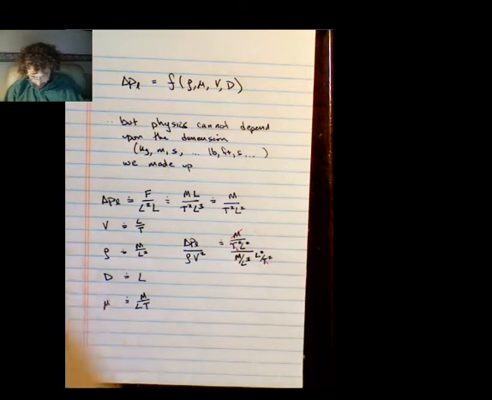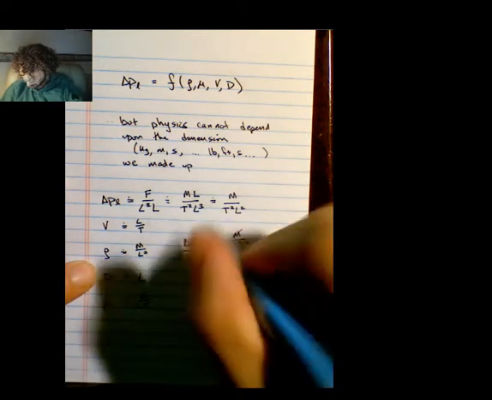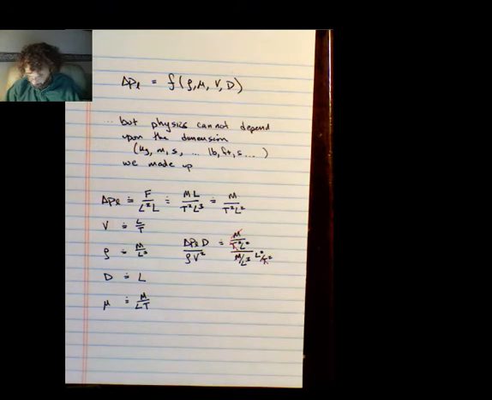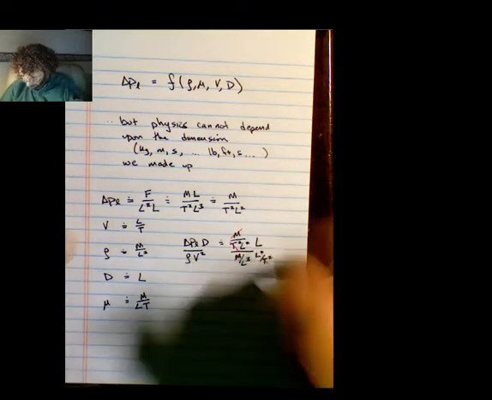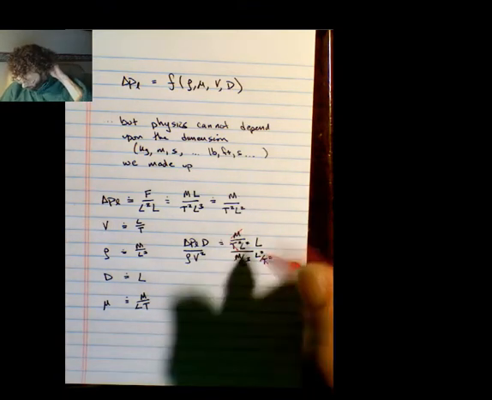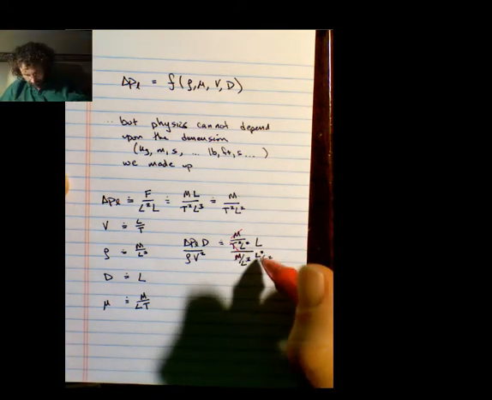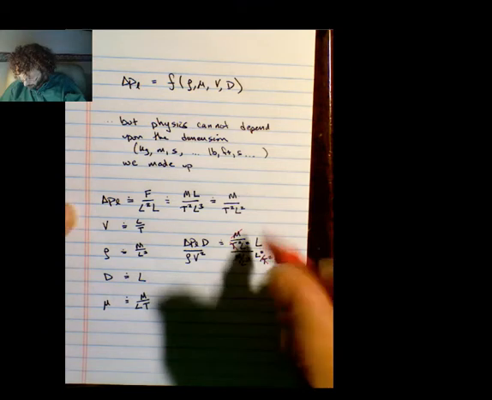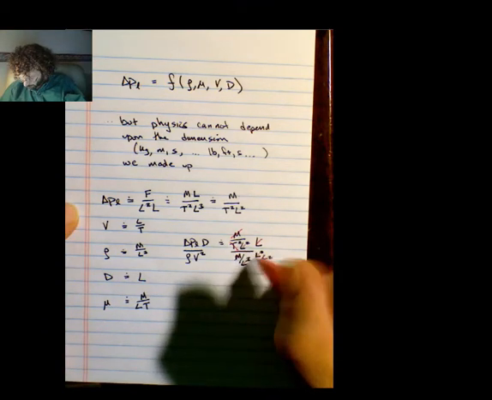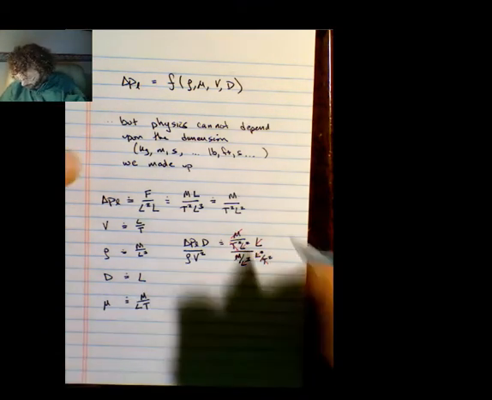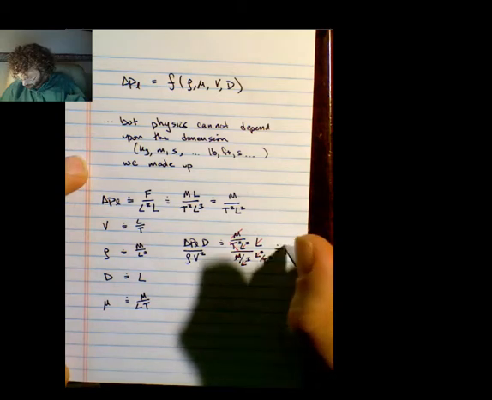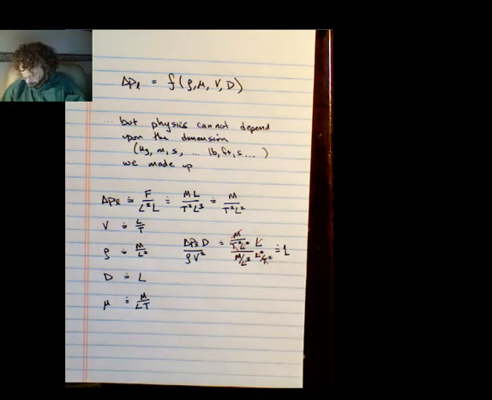And so I need to multiply by an L. And I see I have an L here in the D. I'm going to go in there with that. That gives me an L on this side, and then I have L over L squared and L squared over L cubed, and those are all canceling. And so together this is a non-dimensional group of variables.